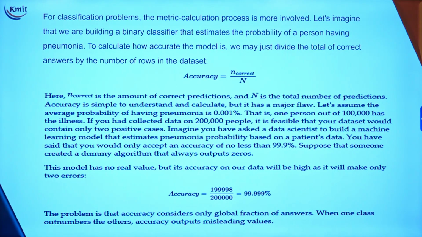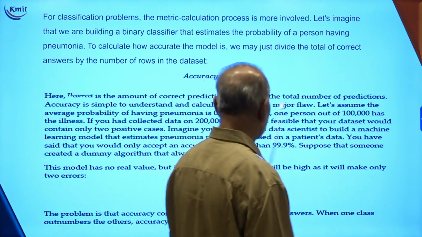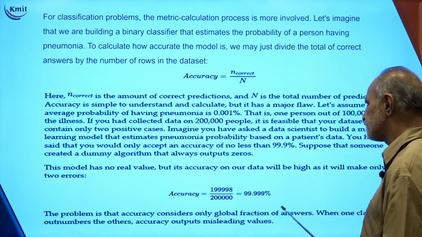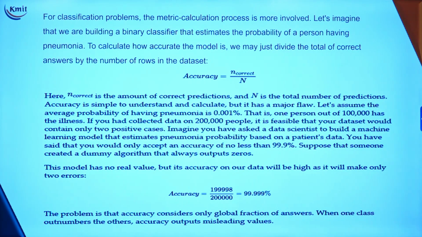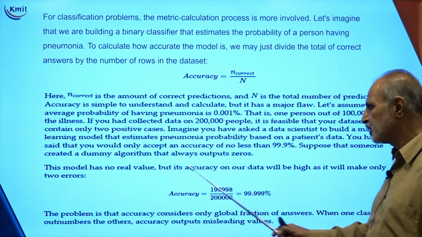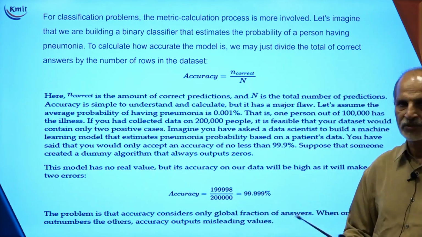The flaw is, let us assume that the average probability of having pneumonia is 0.001%. So, the normal tendency of having pneumonia in a city or in a country is 0.001%. That is, only 1 person out of 1 lakh has the illness. But if you have collected data on 2 lakh people, it is feasible that your data would contain only 2 positive cases.